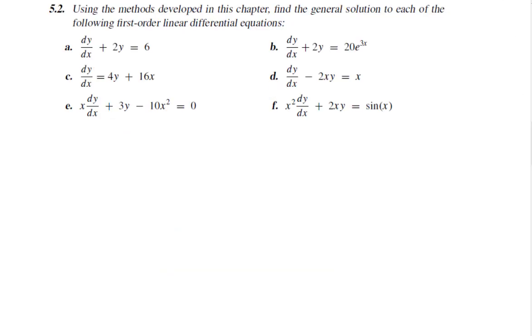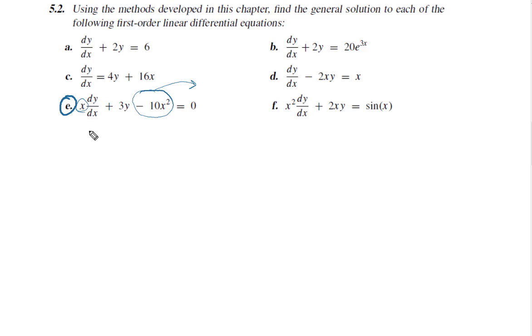Now I will work on the E choice for you. To put this in standard form, we need the 10x squared over on the other side. We also need the coefficient of dy dx to be a 1.